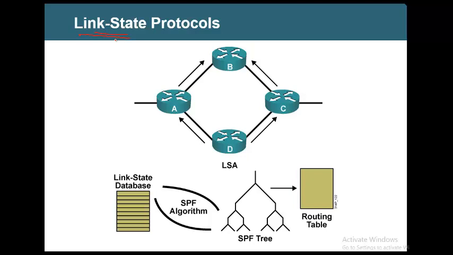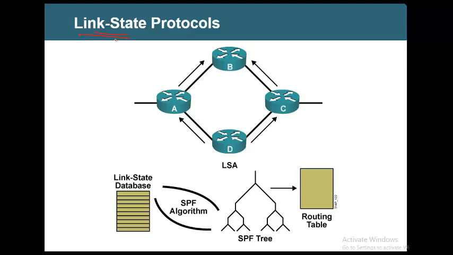What is a link state advertisement? Every router has a lot of links connected to it, and on each link there are some subnets. Each link will have a different subnet. The link not only has a subnet, it also has some bandwidth.